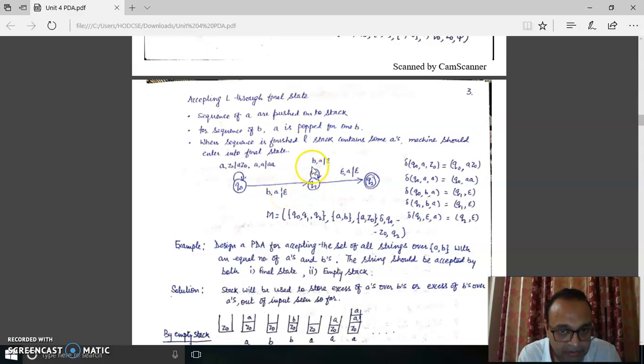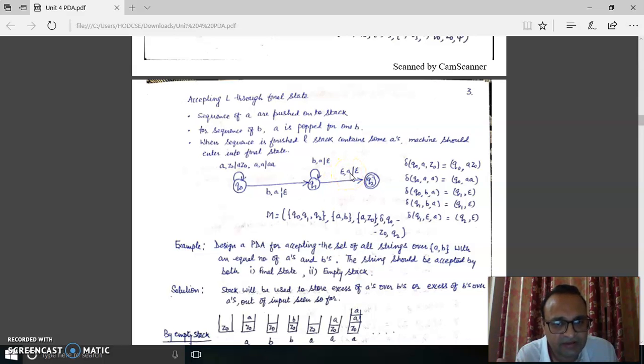Now again B appears and there is A on the top of the stack, so we are again popping A from the stack. Now the string is exhausted, and suppose there are some A's.